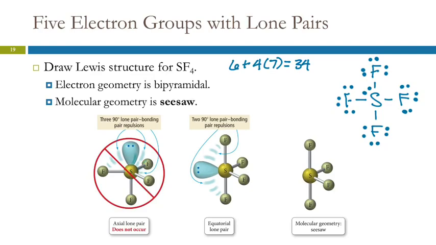So like in the first one, what do you call it, the blue one? This is the blue one. This is a lone pair. Okay, so here the lone pair is too close to these other atoms. It's 90 degrees away from 3 atoms.